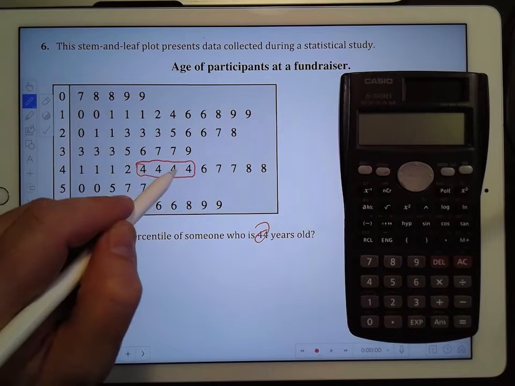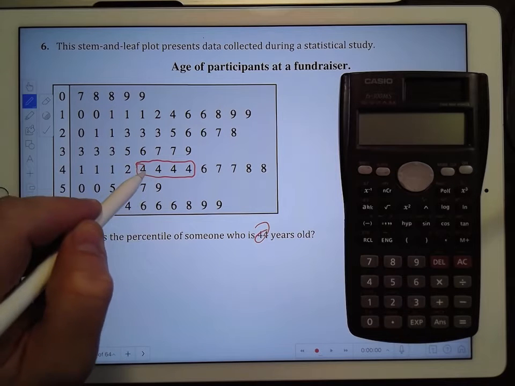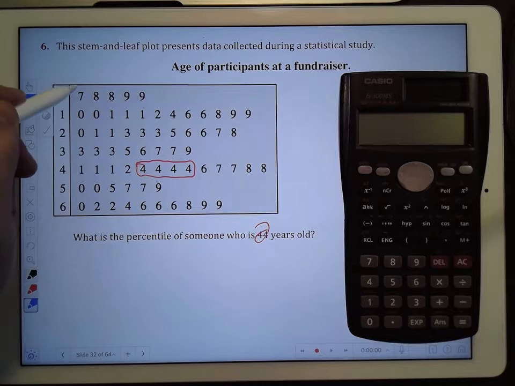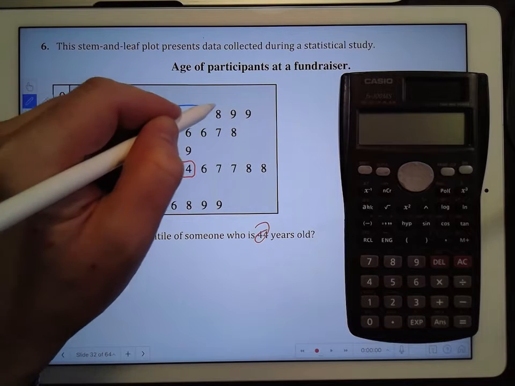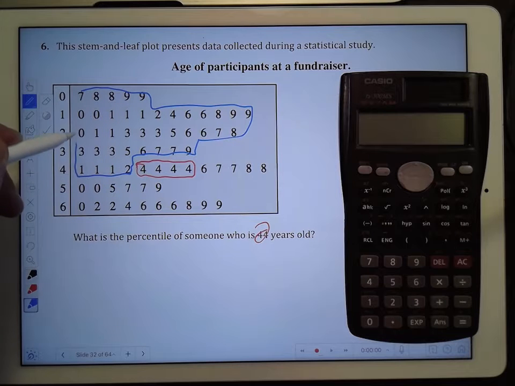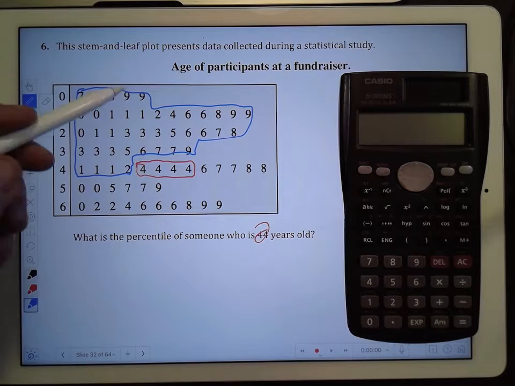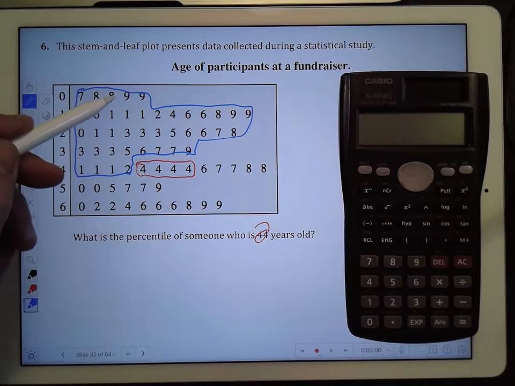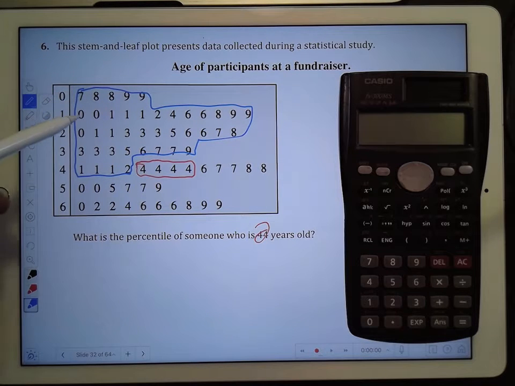So we have 4 people equal to 44, and if you count up all of these numbers here, these are the people who are lower than 44 years of age, right? From 7, 8, 9, 10, 10, 11, all the way up to 42 over here are the people below that 44-year age target.